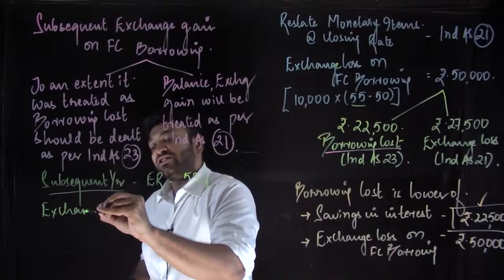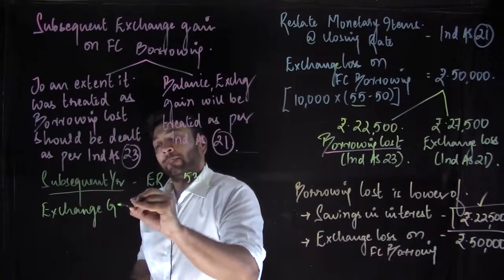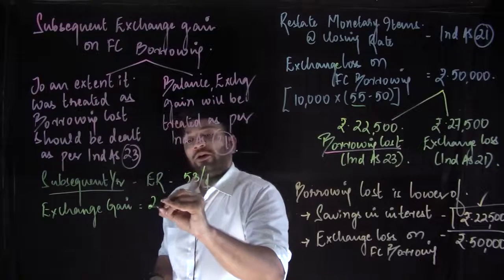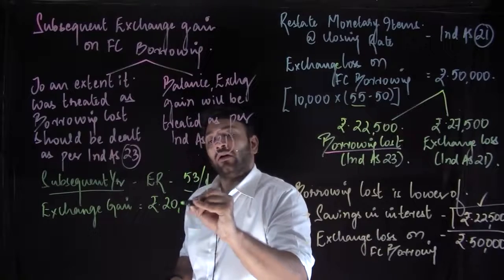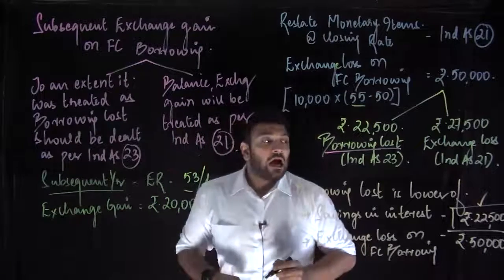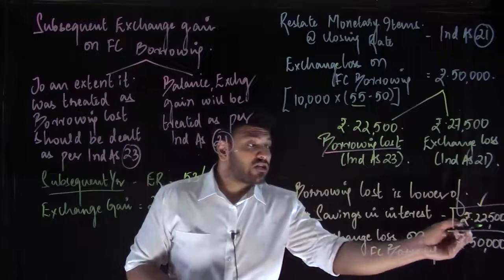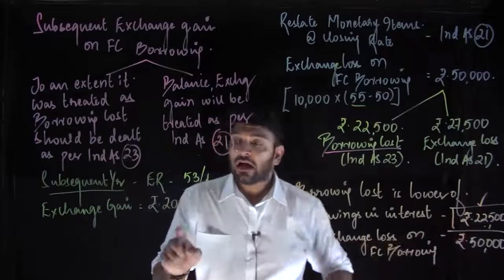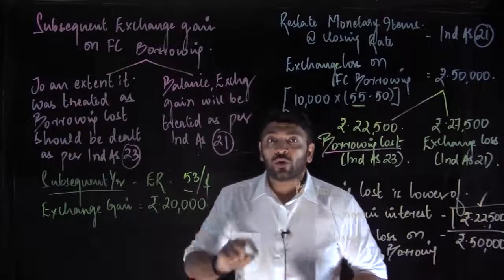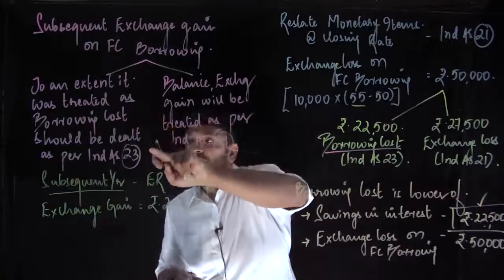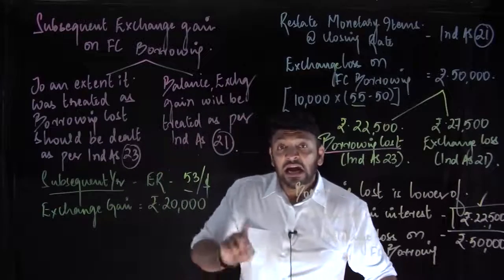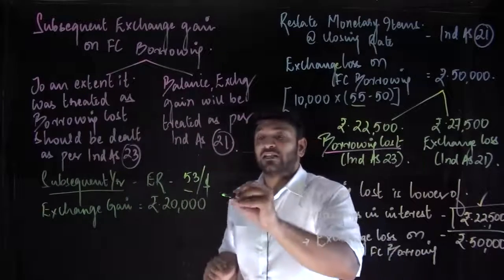So my exchange gain will be 20,000. How much did you earlier treat as borrowing cost? 22,500. How much did you get as exchange gain now? 20,000. To an extent it was treated as per Ind AS 23. It will continue to be treated as per Ind AS 23.